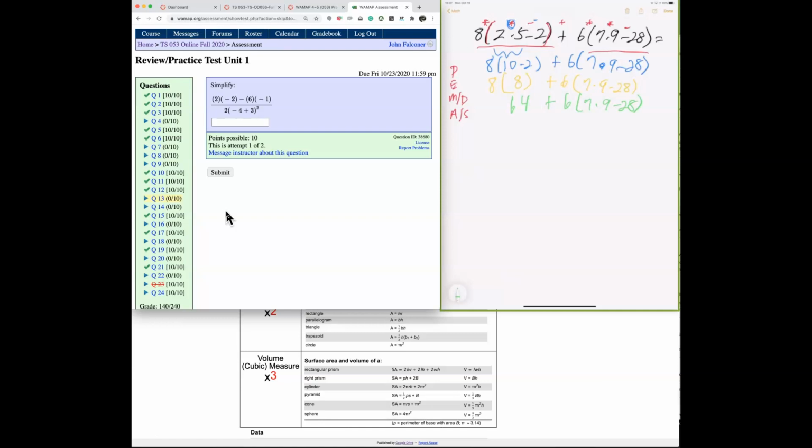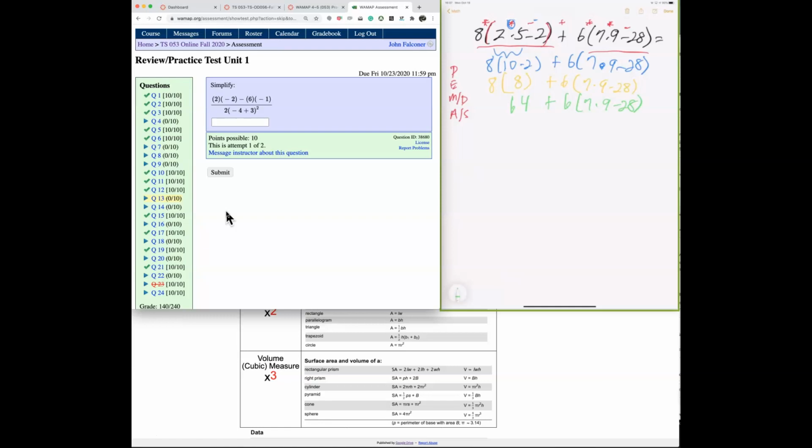New wrinkle in this PEMDAS. I'm so excited we get to expand our conversation about this. We've been talking about parentheses. Did you see a new type of parenthesis here? This bar, the bar between the numerator and the denominator, is also a form of parenthesis as far as PEMDAS is concerned.